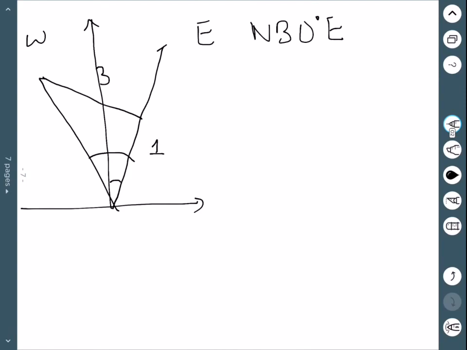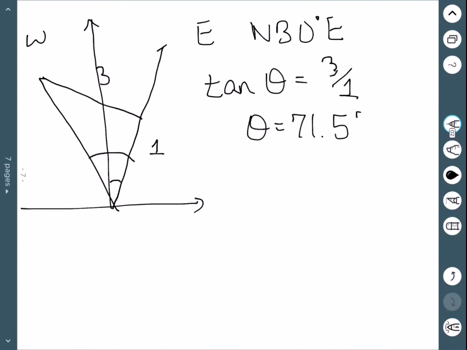In this case, we know the adjacent and the opposite side, so we'll use tangent. And tangent of this theta is opposite over adjacent. So now we just need inverse tangent of 3. And when we do that, we get that this big angle is 71.57.